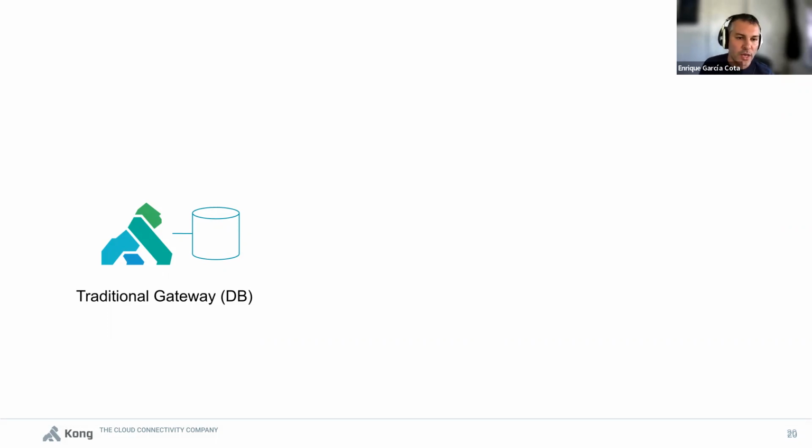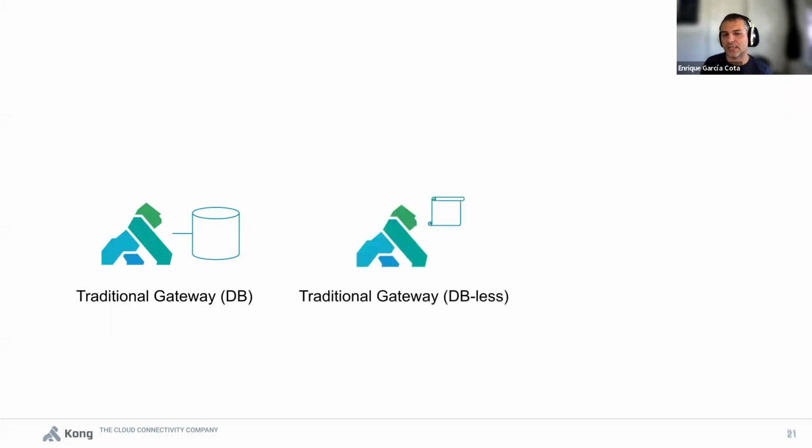So we found that implementing a DB-less gateway, which used a file for storing static configuration instead of a database, was a good match for these people. Not all of them, but some of them could use this approach.